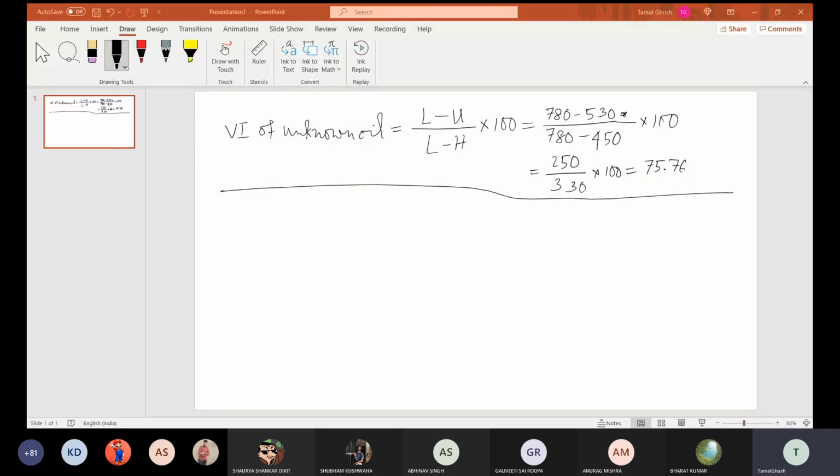Okay, dilute aqueous solution of NaCl. What are the chemical constituents? So, dilute aqueous solution of sodium chloride.